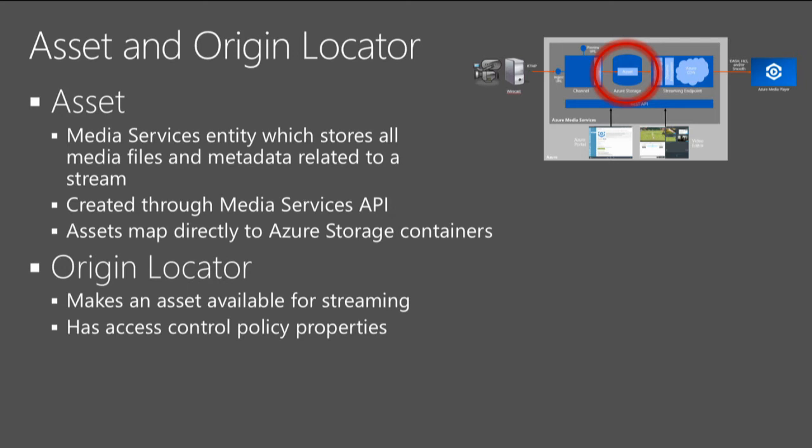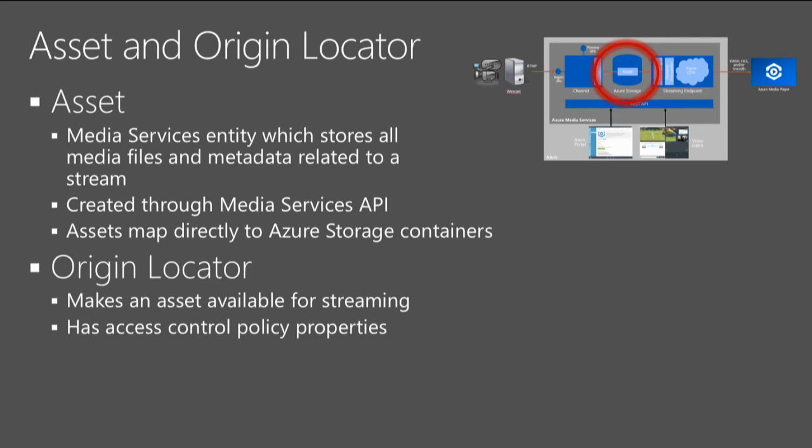So you can create an asset, you can archive your stream, but if you want to make it available to your audience, you need to create an origin locator. And again, that's just an API through our platform where you say create locator. We basically create a GUID that we hand back to you that you'll reference within your URL, and we'll make that asset available through our origin to stream out to your audience.